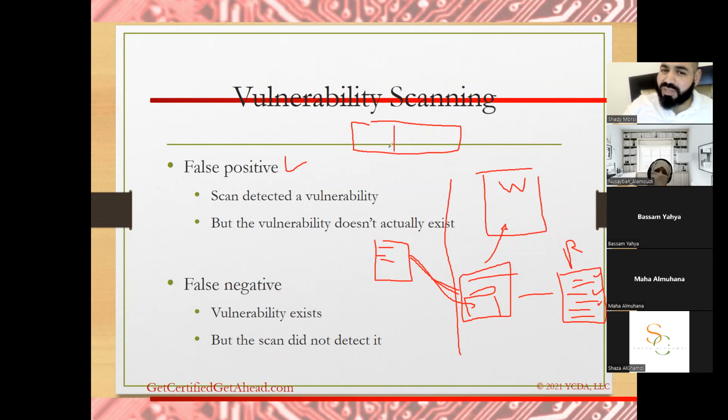You will find a job called vulnerability assessment manager, or a vulnerability assessment engineer. They want an engineer whose sole job is just to look at vulnerabilities and run his vulnerability scanners, because all day he can tell this is a false positive.